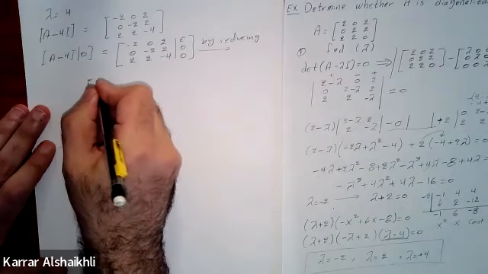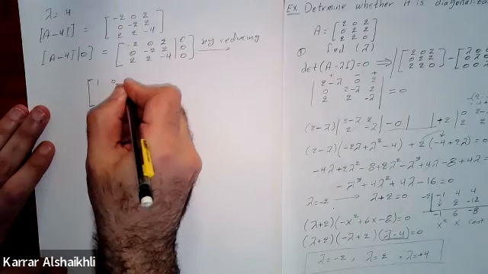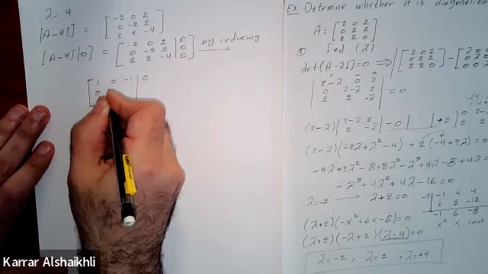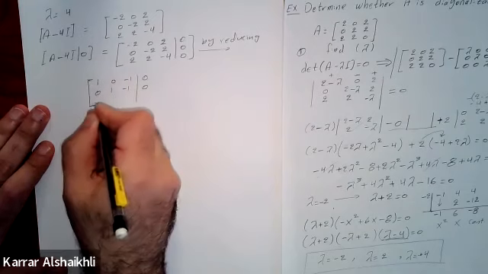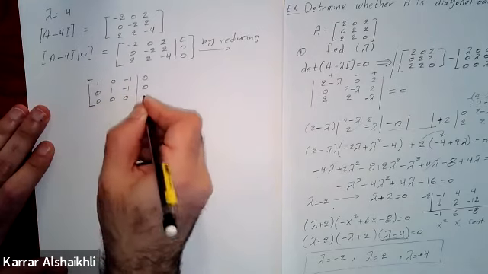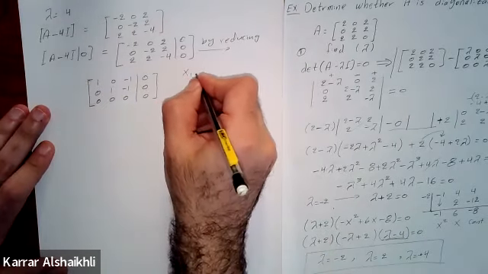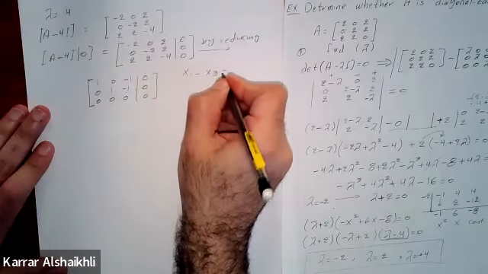You have to use 1, 0, -1, 0, 1, -1, and 0, 0, 0. That means x1 minus x3 is going to be equal to 0.